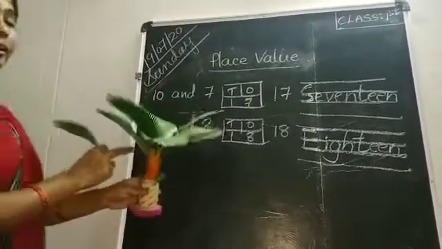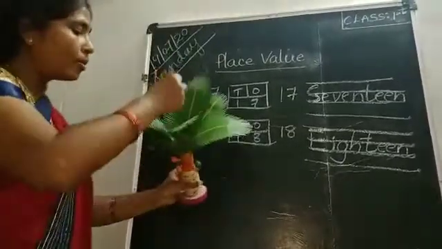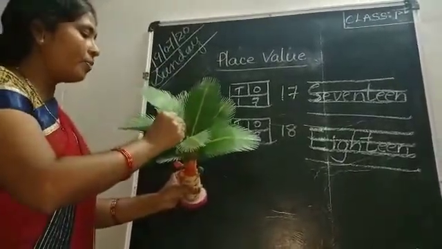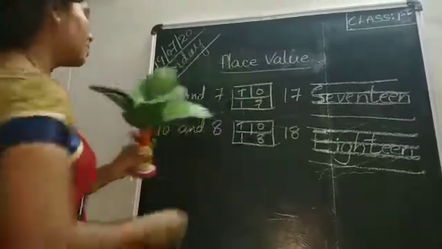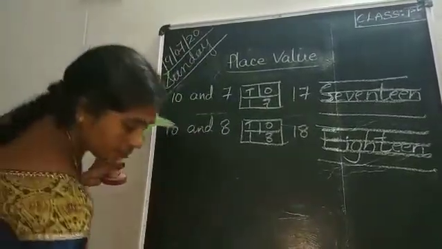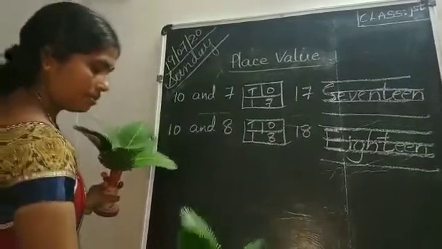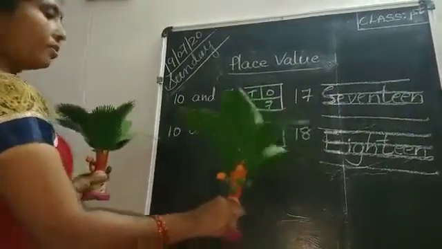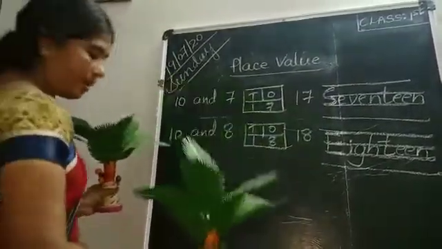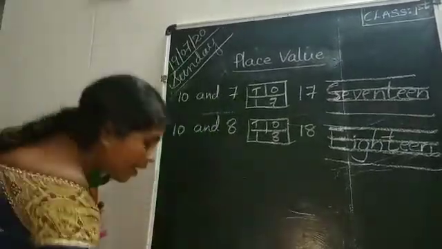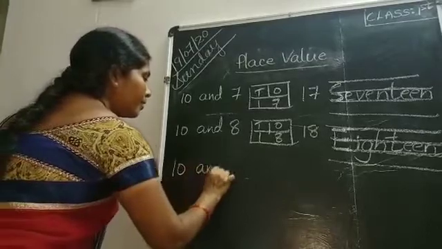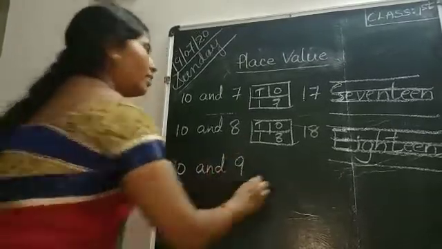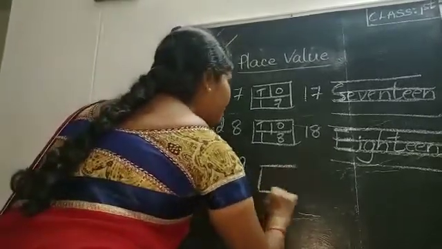Already how many are there? 8. Now one more, 9. Now how many ones? 9 ones. Here 10, so one 10 and 9 ones.